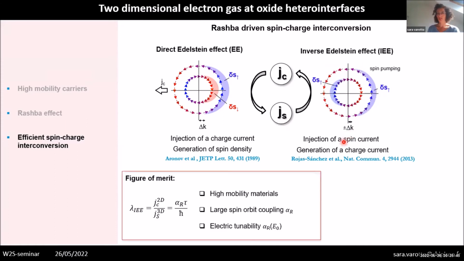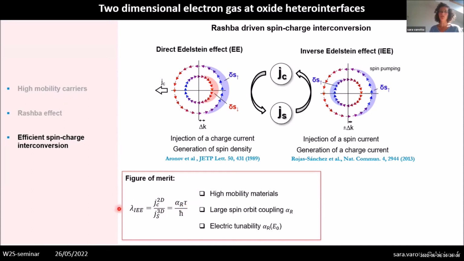The figure of merit of this mechanism is given by this length called the Rashba-Edelstein length, which is the ratio between the two-dimensional charge current and the three-dimensional spin current. That's why it's a length. And it's proportional to the product between this alpha R, the Rashba parameter, and the electron scattering time.